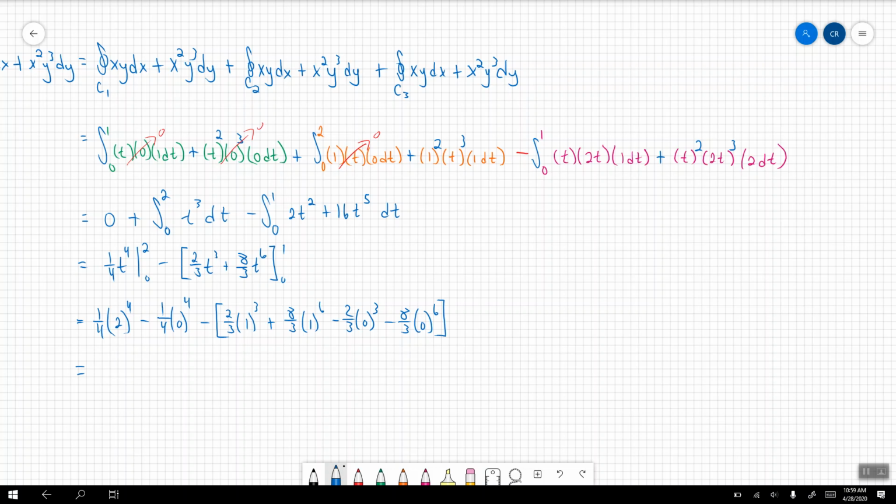Now we can go through and start making our insertions. 2 to the power of 4 gets me 16. 16 divided by 4 gets me 4. Nice, and then that part's going to be 0, so that goes away. Then we're left with minus 2/3, and then plus 8/3. It's looking good.